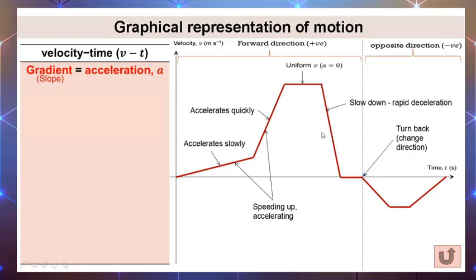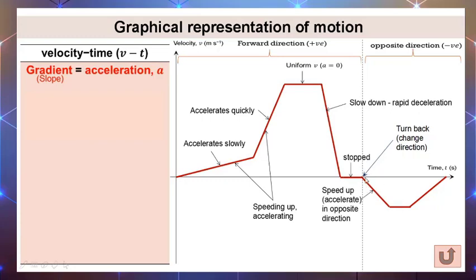Next, this line tells you it is slowing down and it has rapid deceleration. This horizontal line lies on the x-axis, so it indicates the velocity is zero. That means the object is at rest. A equals 0, V equals 0. Next, it is changing direction.